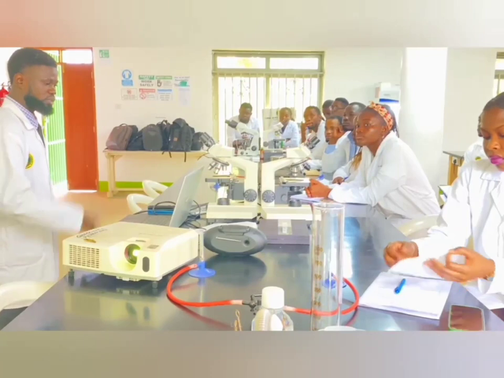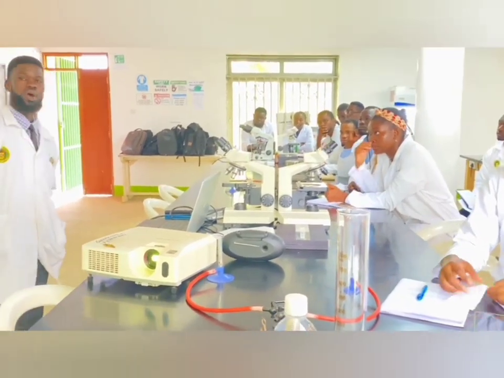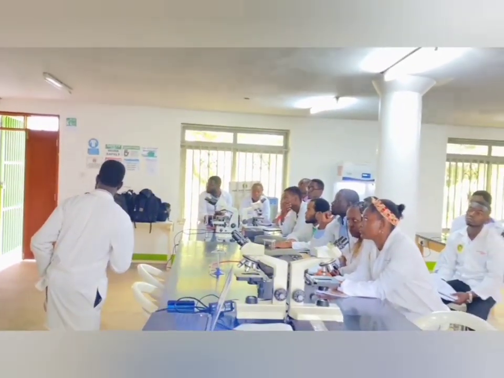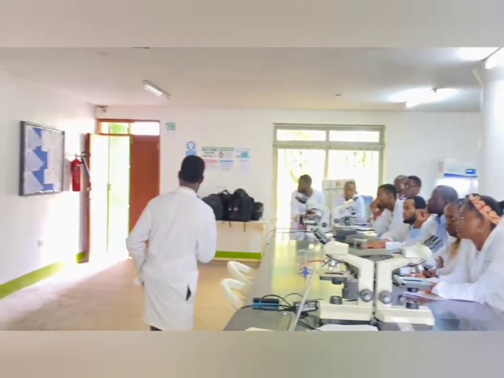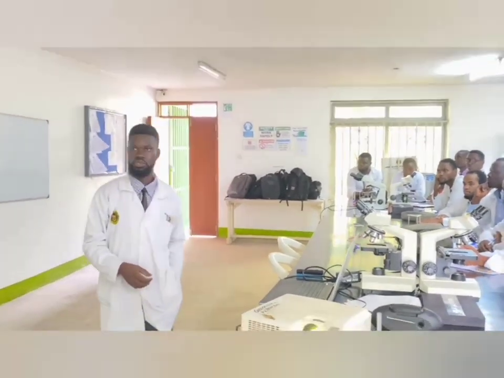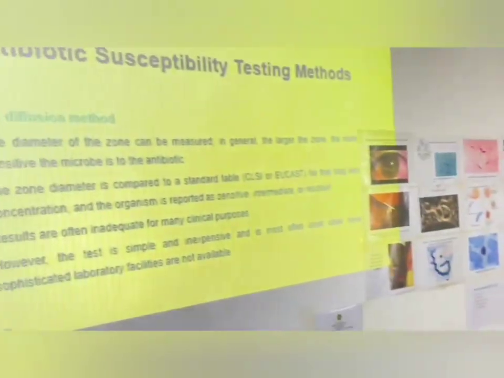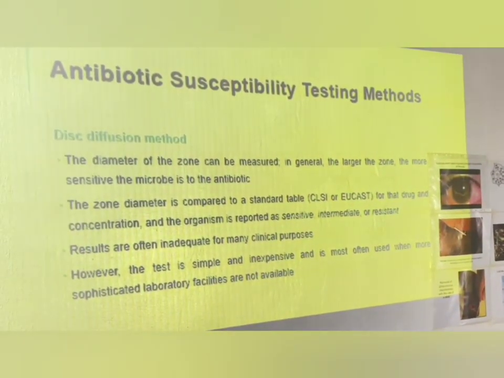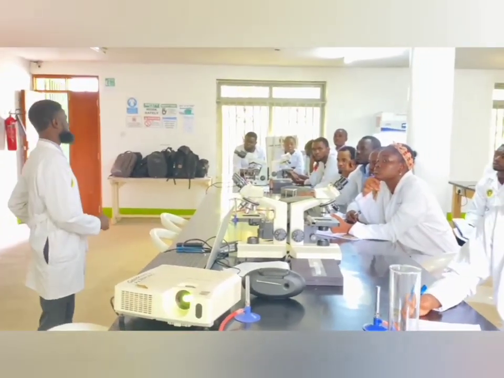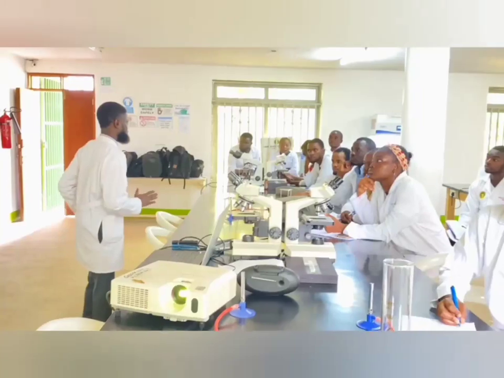So when you have gotten your records, you go and compare them with the values on the chart. These charts are standard. Every year they are produced for you to come up with a classification that is sensitive, intermediate, or resistant.